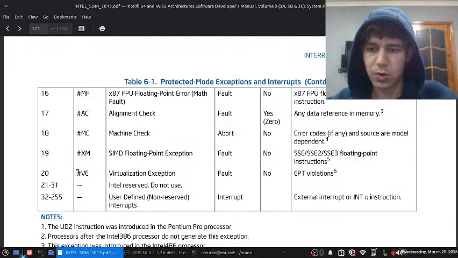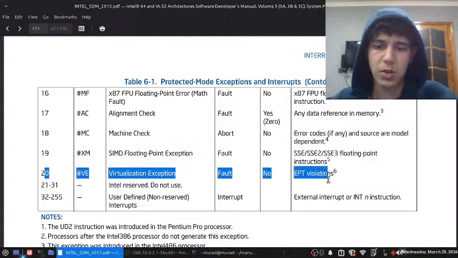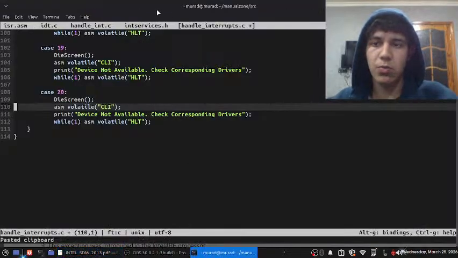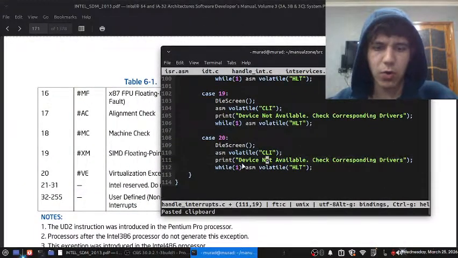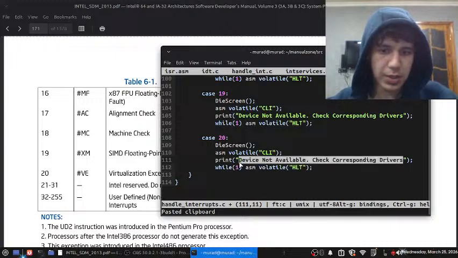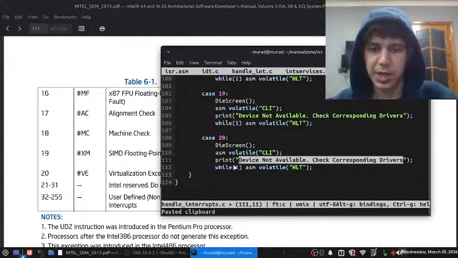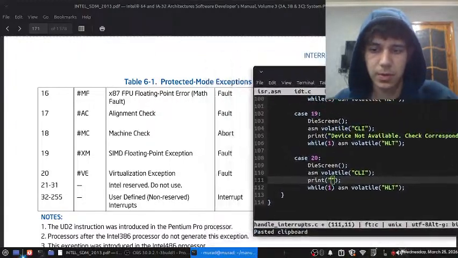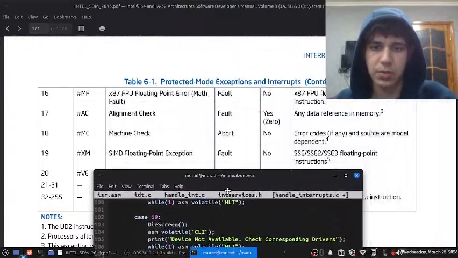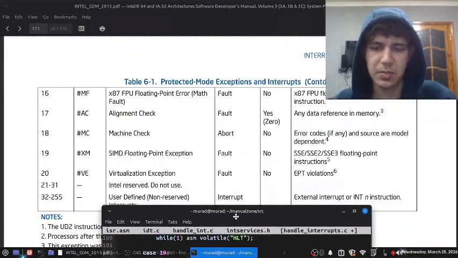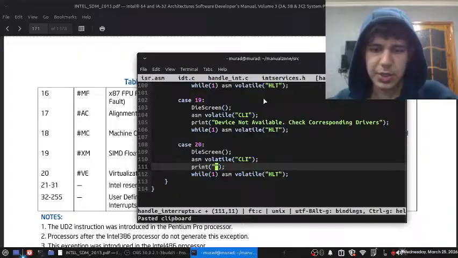They first wanted the quick and dirty OS from Gary Kildall, who first used the word BIOS. The word BIOS came to computer science by Gary Kildall. He did CP/M systems. A virtualization exception here.